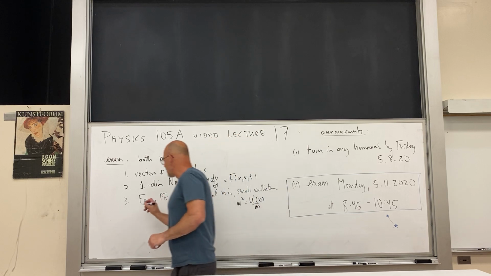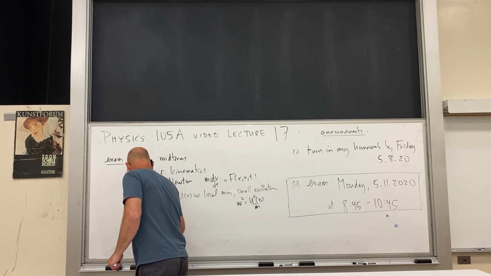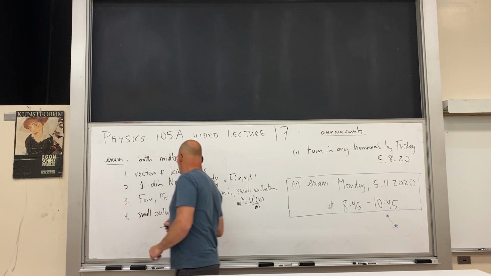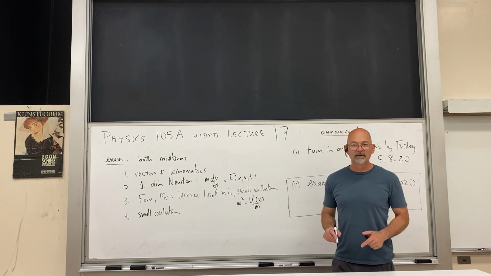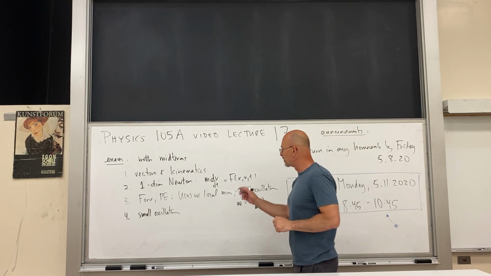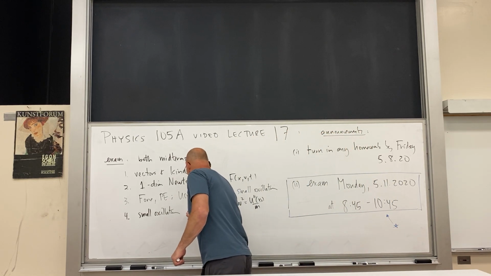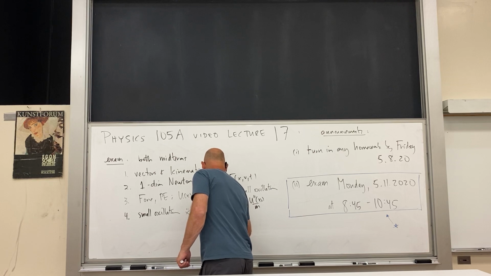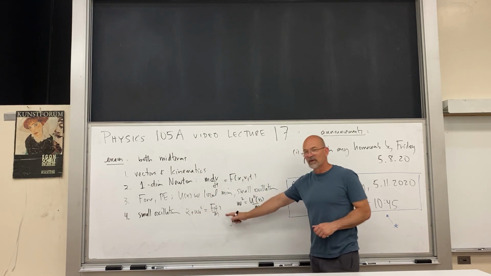And then there's the small oscillations formalism proper. And there was the problem that we didn't do on the last exam that I think I'll put on the final exam, namely when we had the undamped oscillations and the formalism that went with that.